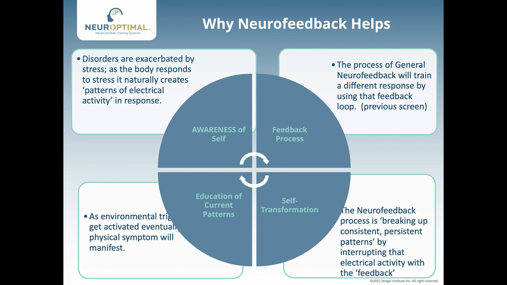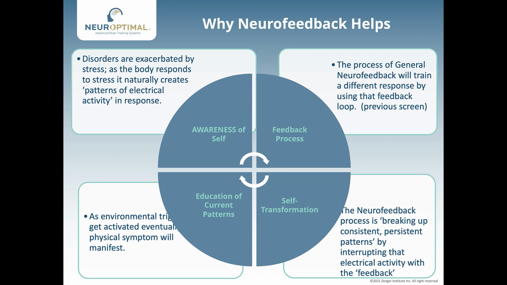What we hope will happen with neurofeedback is that we are going to train the brain to respond differently than it is in the moment. So when we talk about a disorder, what is actually happening in the brain is we have a very consistent, persistent electrical pattern that is not changing.